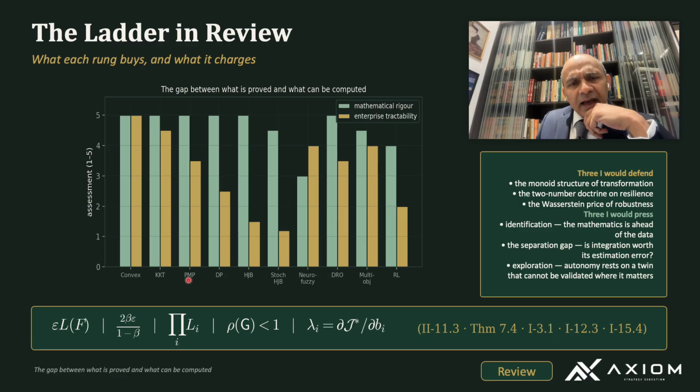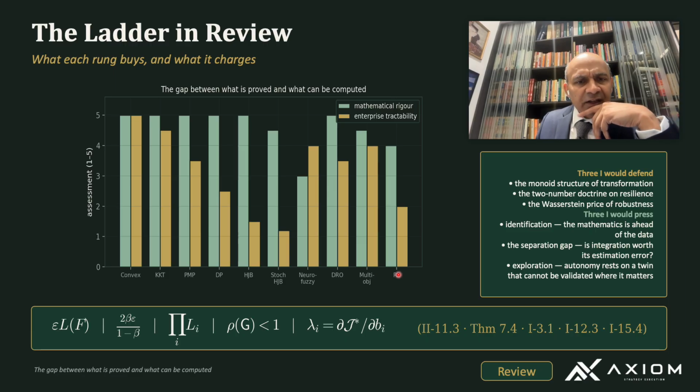Pontryagin, dynamic programming, and to an extent HJB retain strong theory but become much harder to compute as the enterprise model grows. Neurofuzzy methods are comparatively tractable, but provide weaker formal guarantees. Distributionally robust optimization and multi-objective optimization methods sit in the middle.